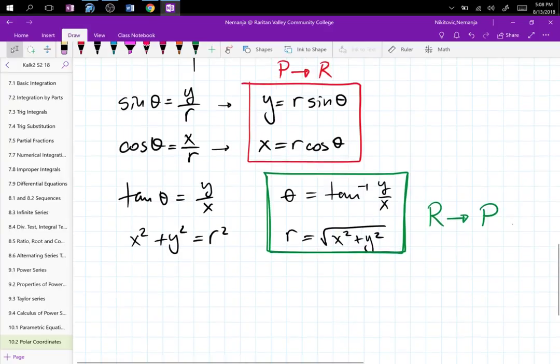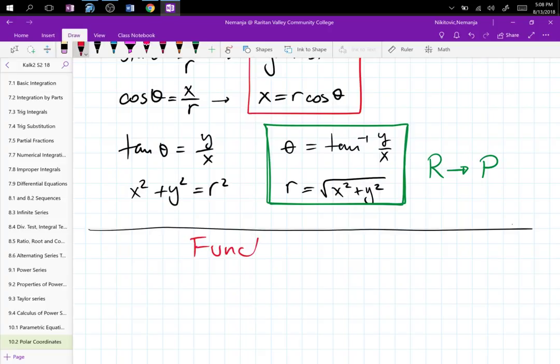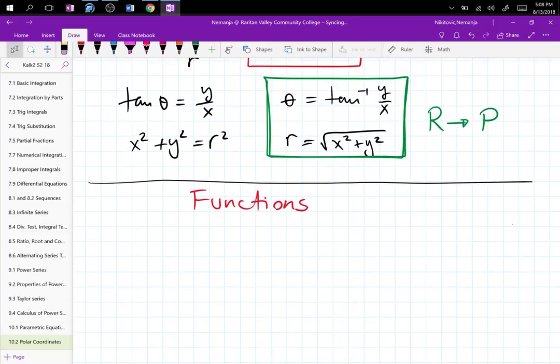Let's now talk about functions in polar coordinates, and now you will understand why these two systems do not compete but complement each other. So, functions. First off, the definition of a function is the same as always.